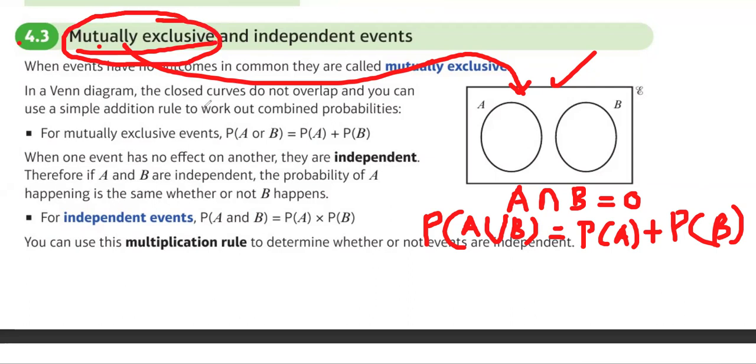It is a very important thing. Mutually exclusive is not equal to independent. Independent events are very different from mutually exclusive. Mutually exclusive means no intersection. Is it okay?